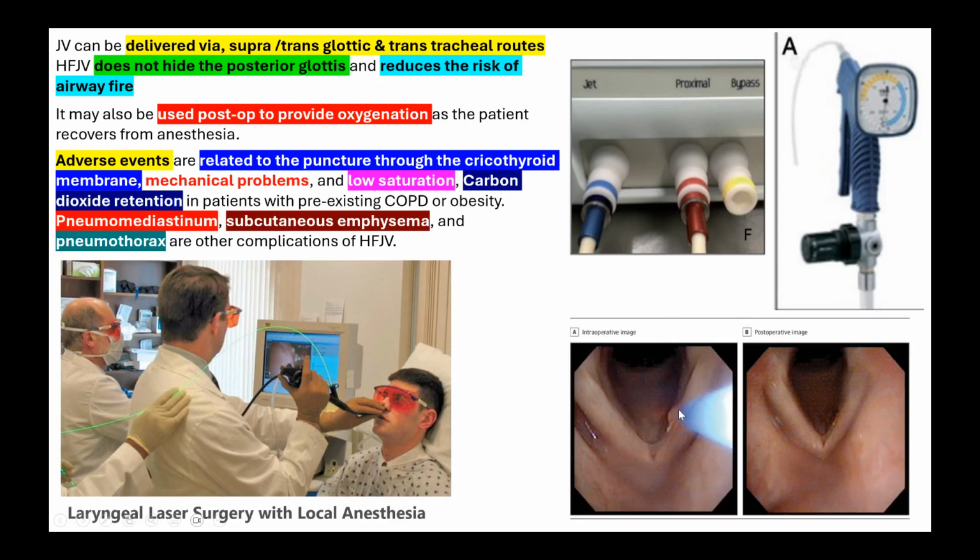So the laser is going in, cutting the lesion. And this is the pre-op picture, intra-procedure picture, and this is the post-op. You can see a smooth vocal cord. So laryngeal laser surgery under local anesthesia. This is how it is being done as an office-based procedure.